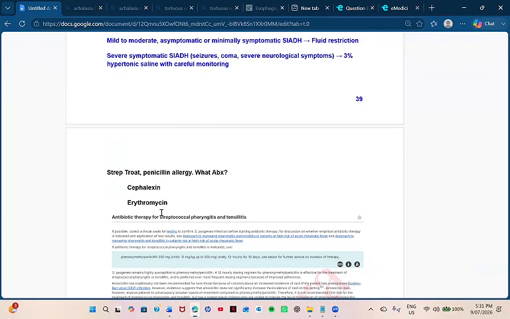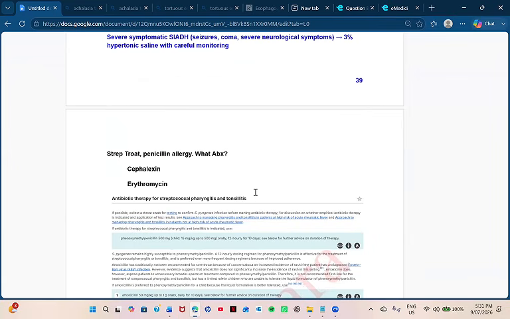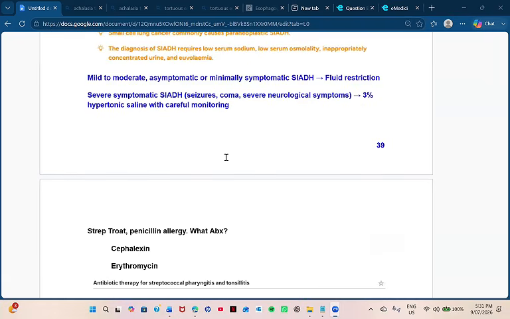So the next question. Next one, strep throat, penicillin allergy, but antibiotic: cephalexin, erythromycin. We have done this question, right, doctors? The strep throat question. Now tell me the answer.